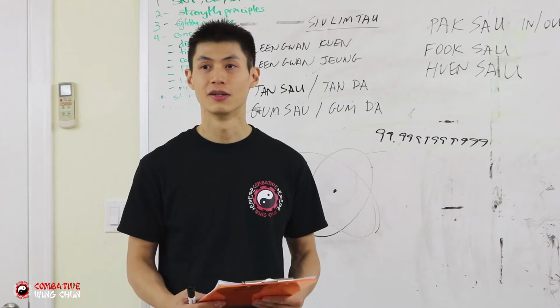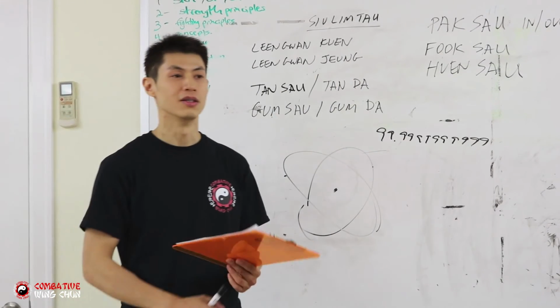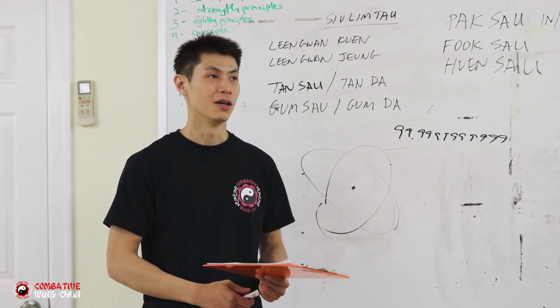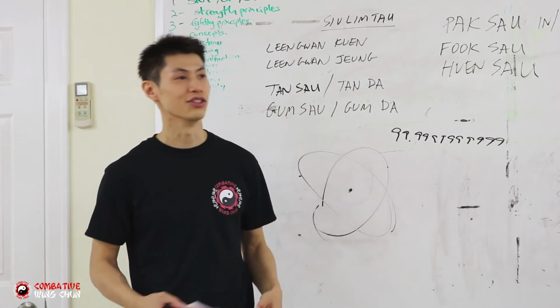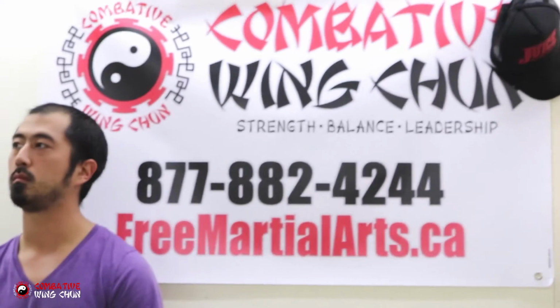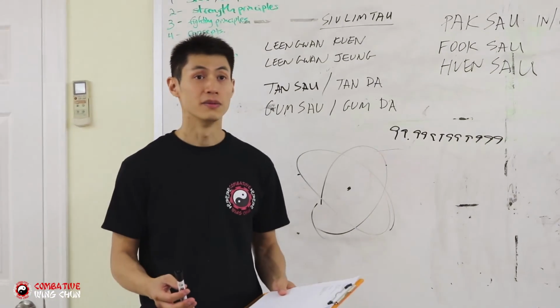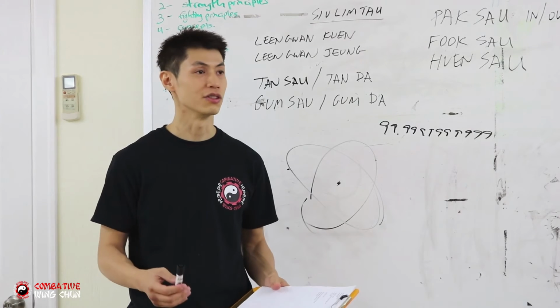Any other questions? Okay, so I just want you to think about why we are training martial arts. On my poster there, it says strength, balance, and leadership, right? So strength, what is strength? We want to train our emotional strength. What other strengths are there? Mental strength, physical strength, spiritual strength.